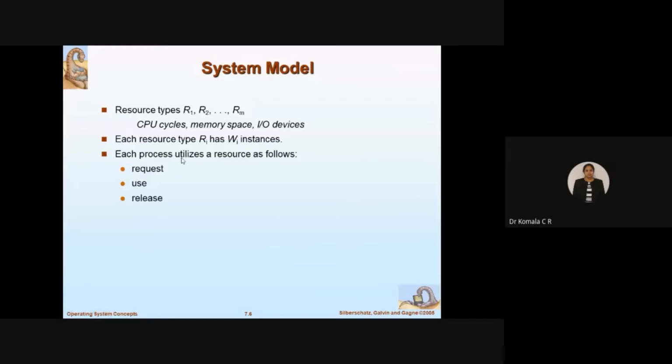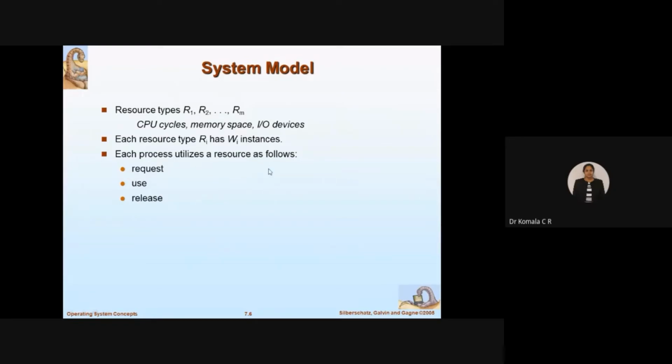Here each process utilizes a resource as follows. First, the process has to request the resource. If P1, P2, P3 want to use R1, R2, R3, then P1 sends a request to R1, P2 sends a request for R2, and so on. Once the request is granted and the resource is assigned, if P1 is assigned R1, then P1 can make use of R1.